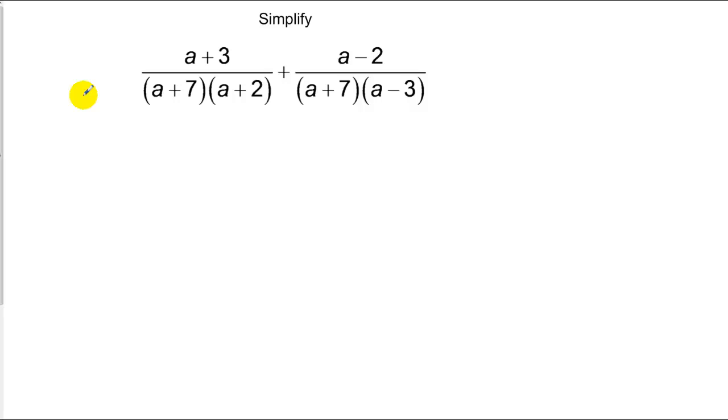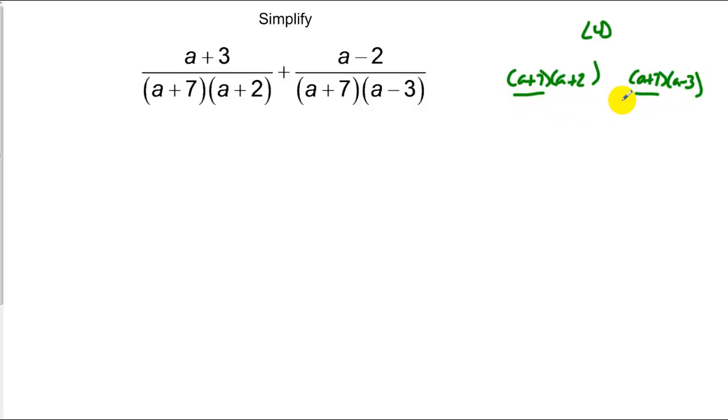So in this case, there's a much different look. Everywhere in the denominator you have these binomial terms, so I would classify those as those polynomials that I was talking about in the earlier problems. If I want to find an LCD, for the left side, I need an a plus 7 and an a plus 2. For the right side, I have the a plus 7 and the a minus 3.